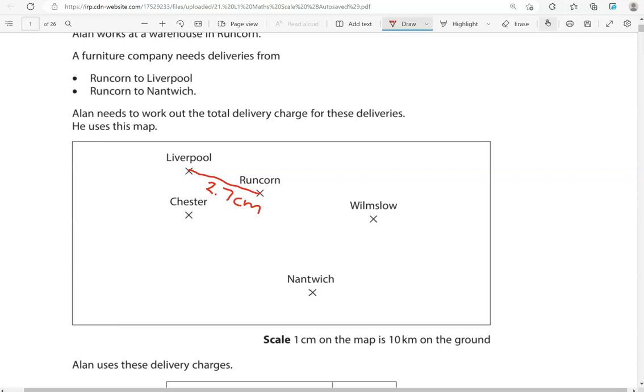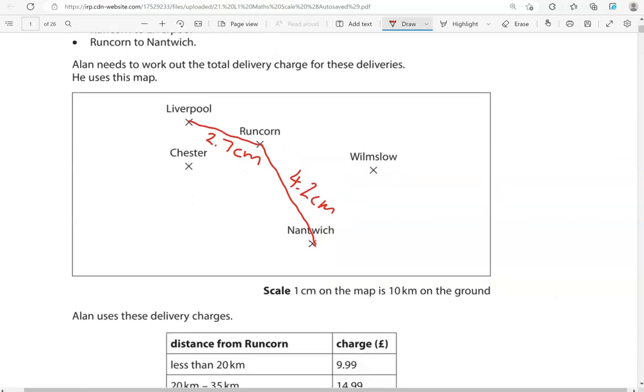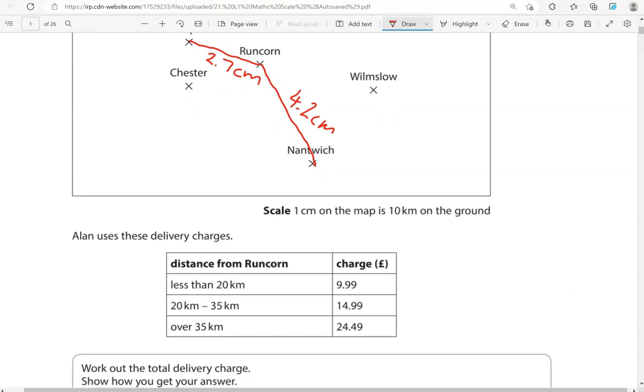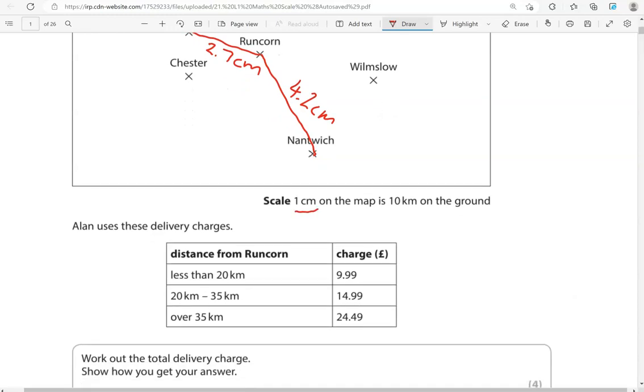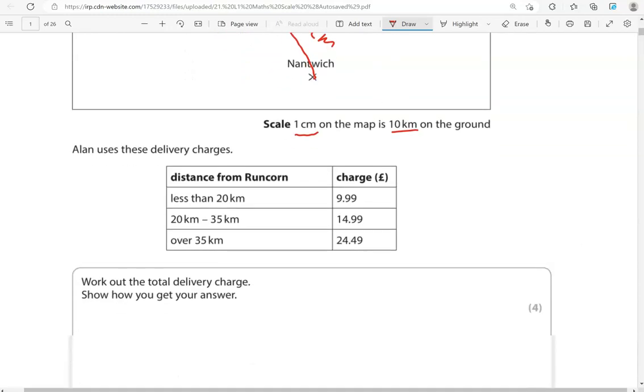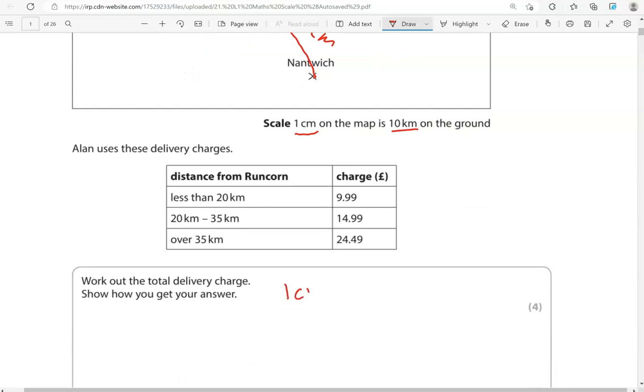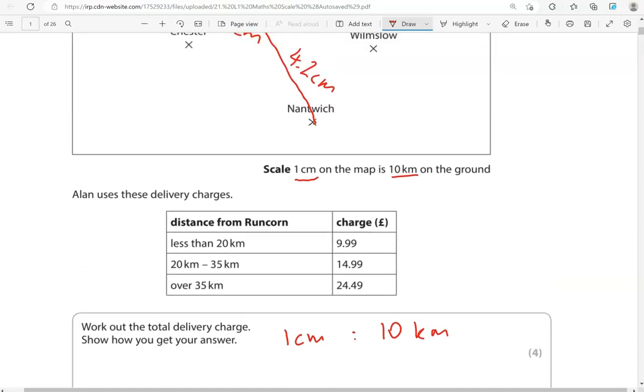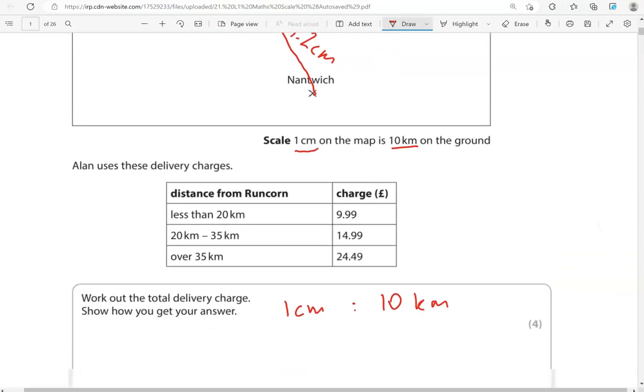And the distance from Runcorn to Nantwich will be 4.2 centimetres on the map. So let's work out the distance on the ground. I've got the scale 1 centimetre to 10 kilometres. What about 2.7 centimetres?